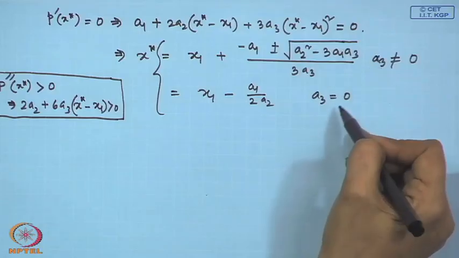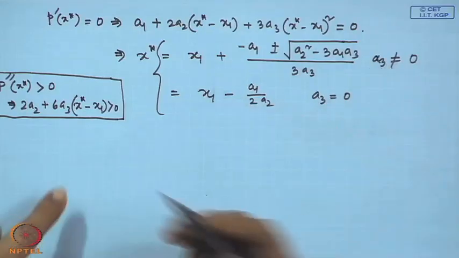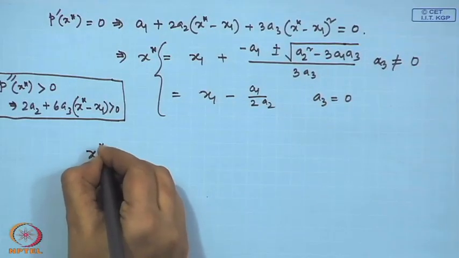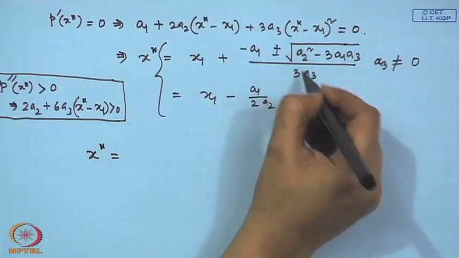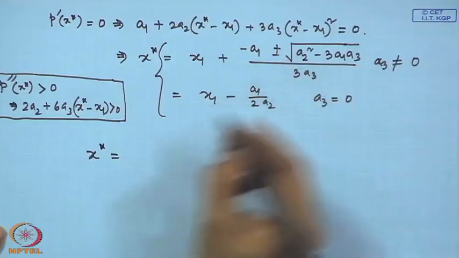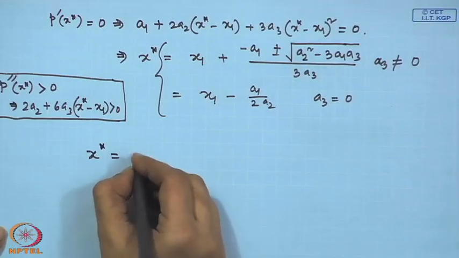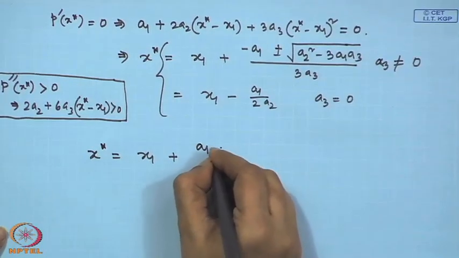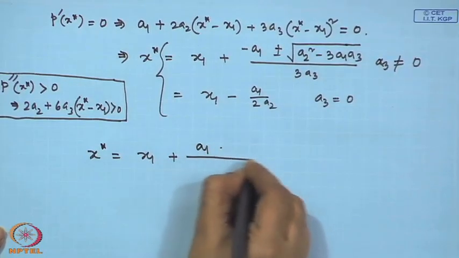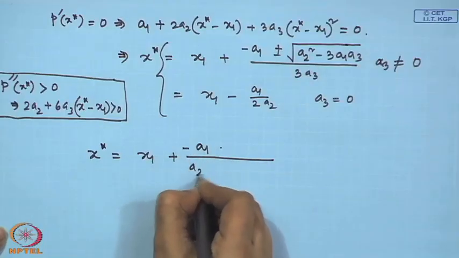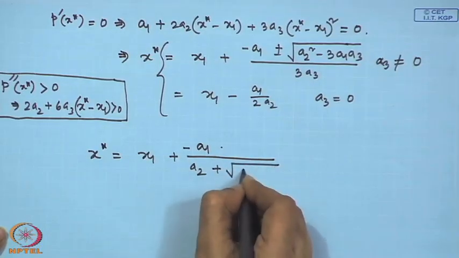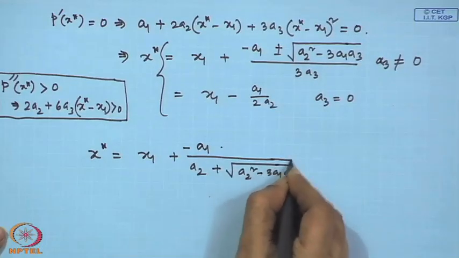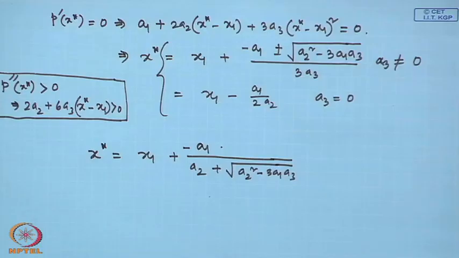Instead of considering both together, we can simplify the case by multiplying the numerator and denominator with a certain value, and we get x1 plus A1 divided by A2 plus root of A2 square minus 3 A1 A3, and this can be considered a general equation.